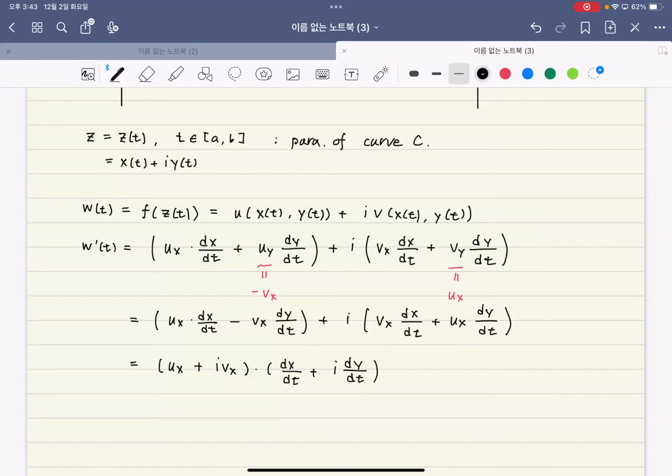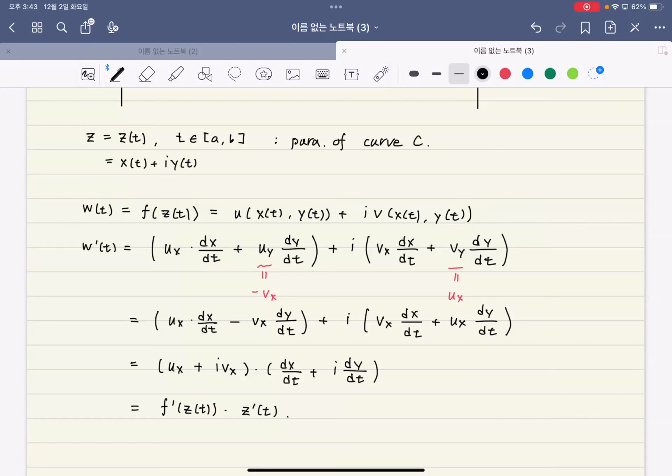Now, can you recognize each of these vectors? This one is nothing but the derivative of your function f, and this is z prime. So this is f prime of z, or more precisely, f prime of z times z prime of t.